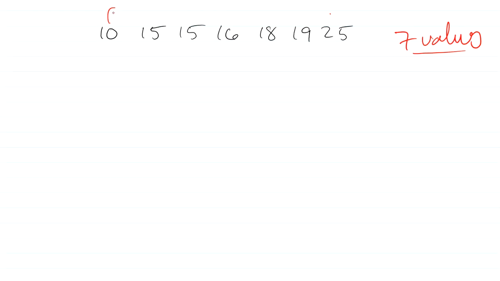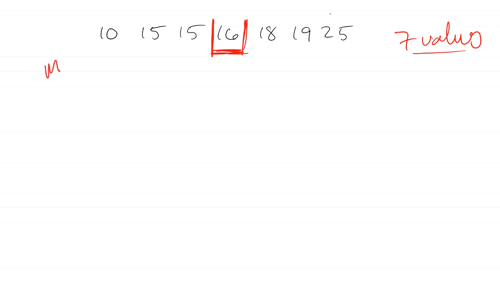When I see that I have an odd number of values, what I typically do is note that there's a center value here. It's at 16. And if you notice, there are 3 values below and above that value of 16. This value 16 is one of the numbers in my 5-number summary, and another number is the minimum value.